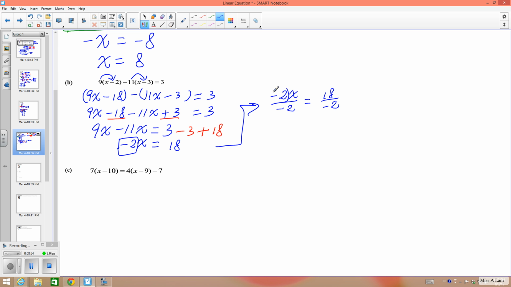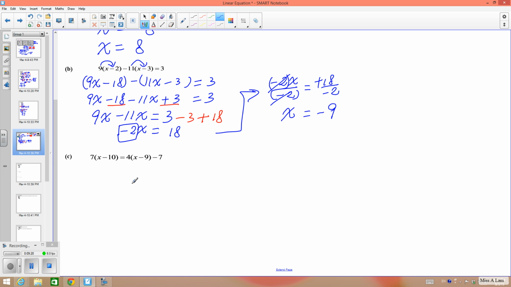This is the same number, and therefore they can cancel each other, which becomes 1. Therefore left hand side is x, and then equals 18, which is a positive 18, and a positive number divided by a negative number is negative. Therefore negative 9, 18 divided by 2.